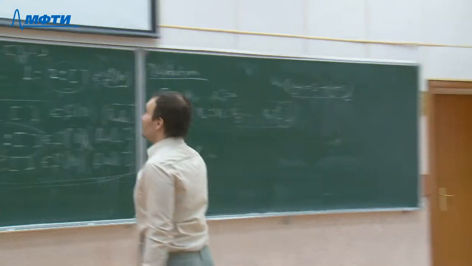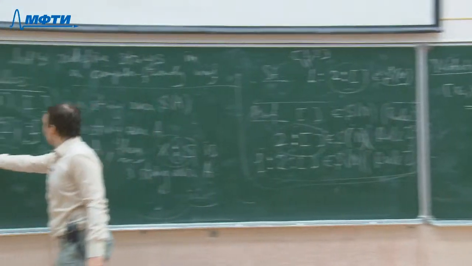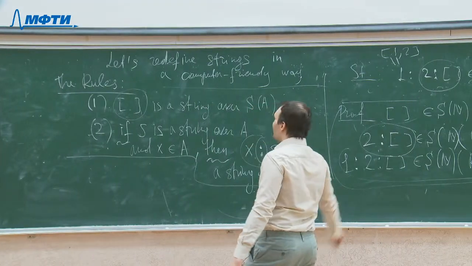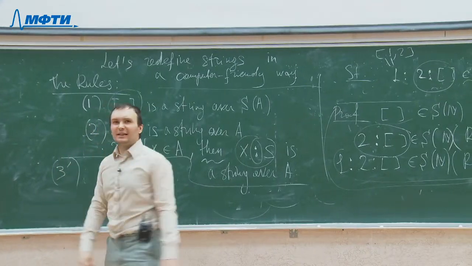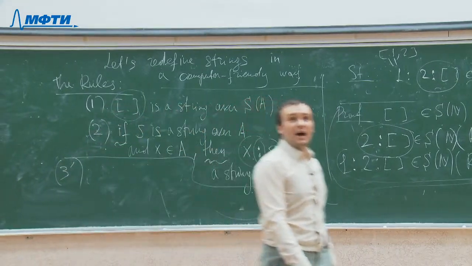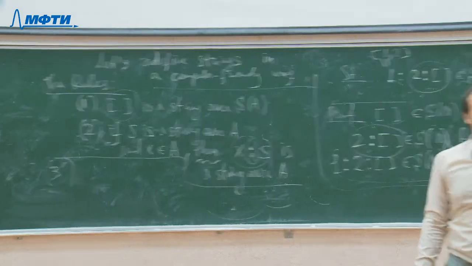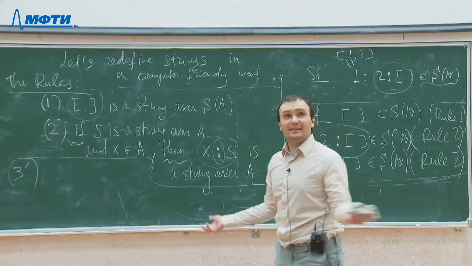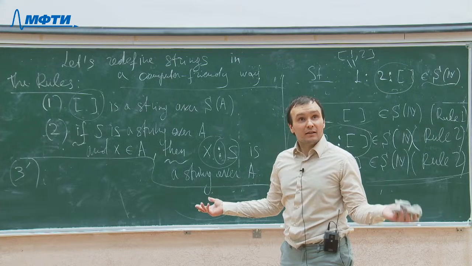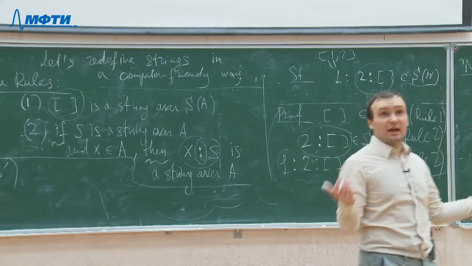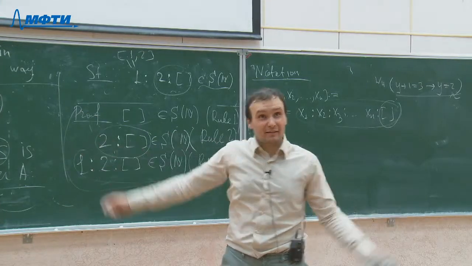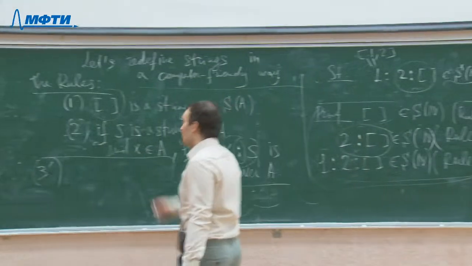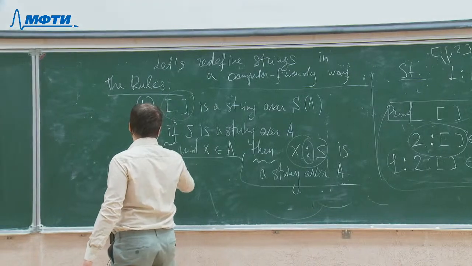By the way, we have some other rule, which is not that clear, but it is necessary. Nothing else is a string. So everything which is called string may be constructed this way.